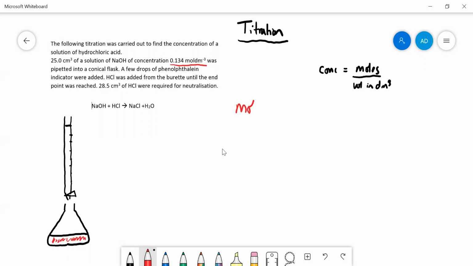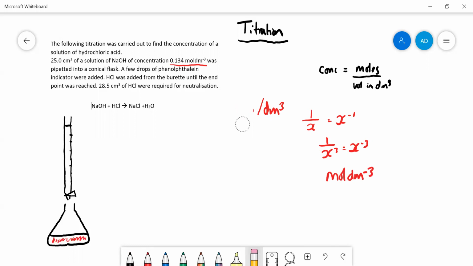We tend not to write it like that at A level, but if you remember that in maths, 1 over x is equal to x to the minus 1, or 1 over x cubed is equal to x to the minus 3, and so on. So that's why we have mole per decimeter cubed, dm to the minus 3. That's the way we usually write the unit.